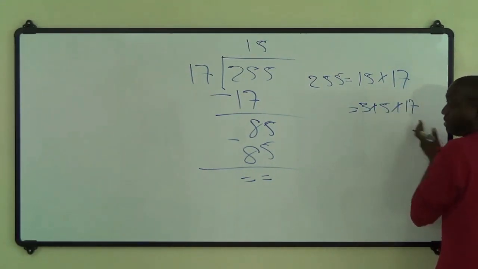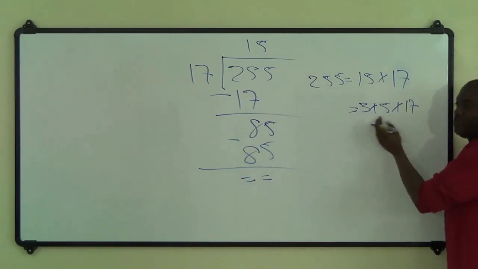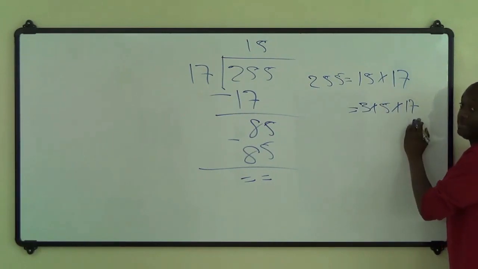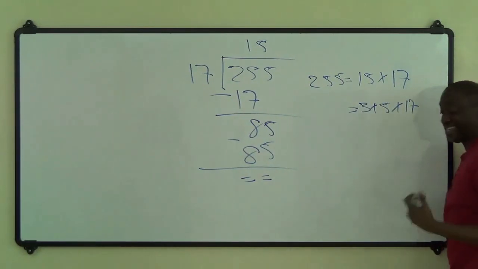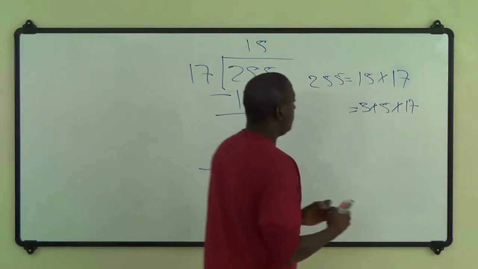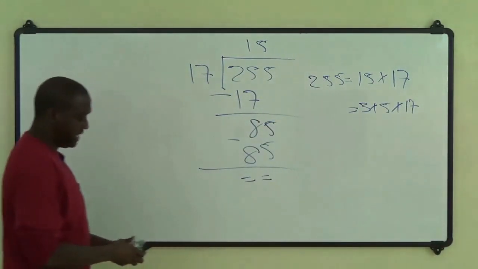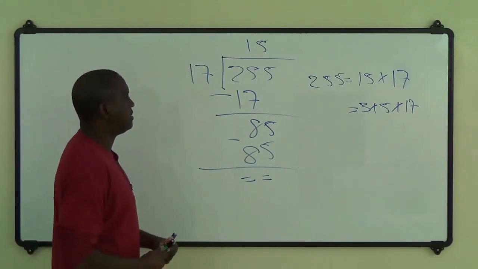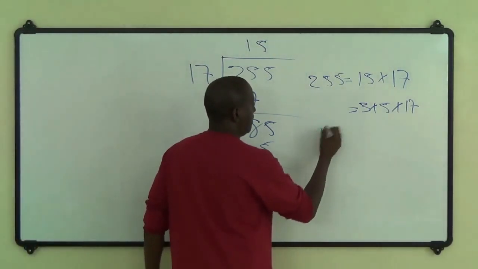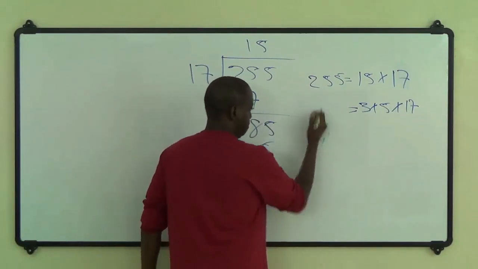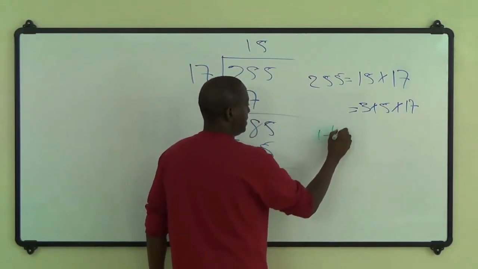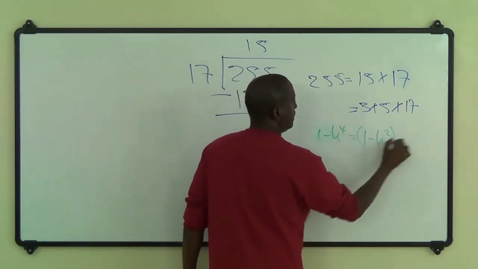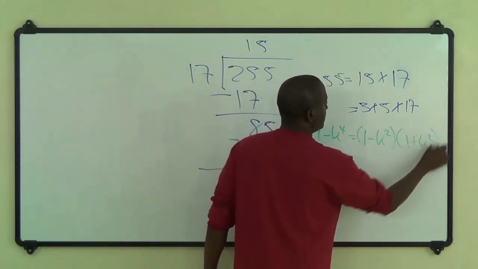Right? The general convention when you're doing these things is to write the smaller digits first. So instead of putting 5 by 3, I put 3 by 5 by 17. It doesn't really make a difference, but it's nice to be aware of the conventions. So just like in the last video where we were factorizing 1 minus k to the power 4, and we get 1 minus k squared into 1 plus k squared.